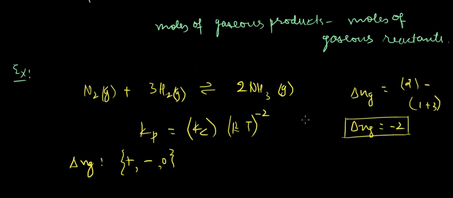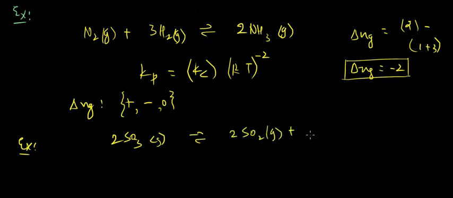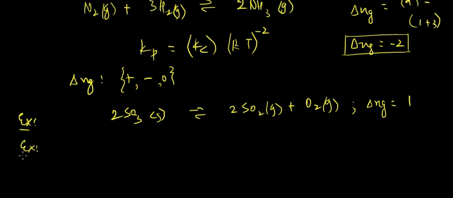Let's see another example where we have 2 moles of SO3 gas converting into 2SO2(g) plus O2(g). In this case delta Ng would be 2 plus 1 minus 2, which would be 1. Next, we have carbon monoxide reacting with half a mole of oxygen converting into carbon dioxide.